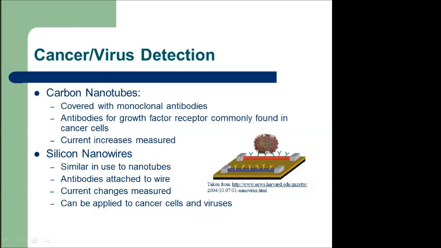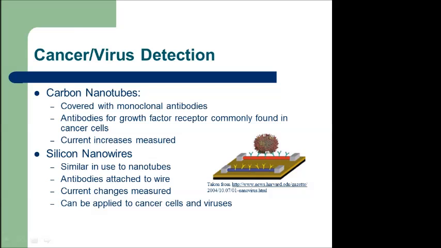The current increase is measured whenever the cancer cells reach the monoclonal antibodies present there. Then silicon nanowires, which are similar to nanotubes. The antibodies are attached to the wire, and current changes are measured to detect the cancer cell. It can be applied to cancer cells as well as viruses.